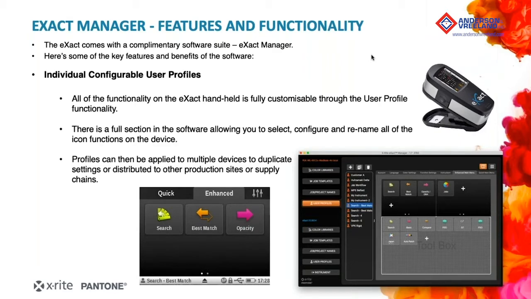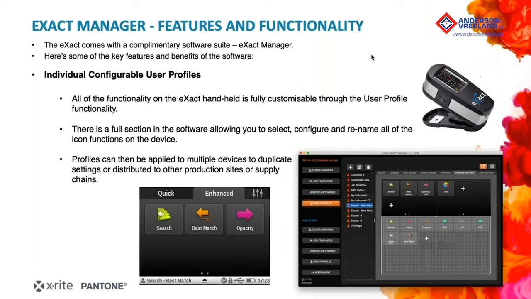What that also allows me to do is take multiple devices and configure them all to be identical without ever having to actually touch any menus on the device itself. You also have a functionality in user profiles where we can lock the device with a numeric passcode as well, so you don't accidentally change any of the settings and get the wrong result.